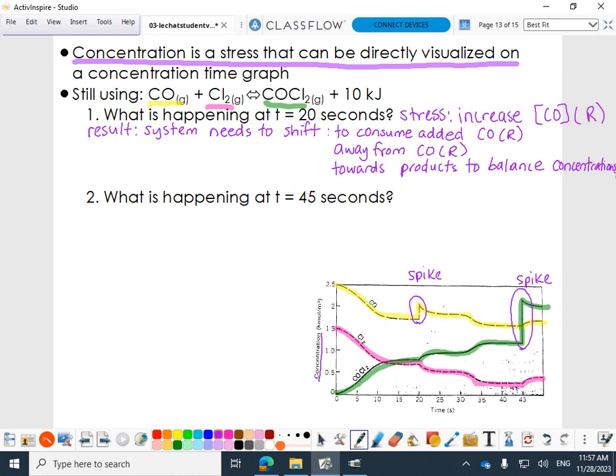So then you can check that. If you've said, okay, if you increase the reactant, that means it needs to shift right or forward, then what should we see in the lines on the graph?